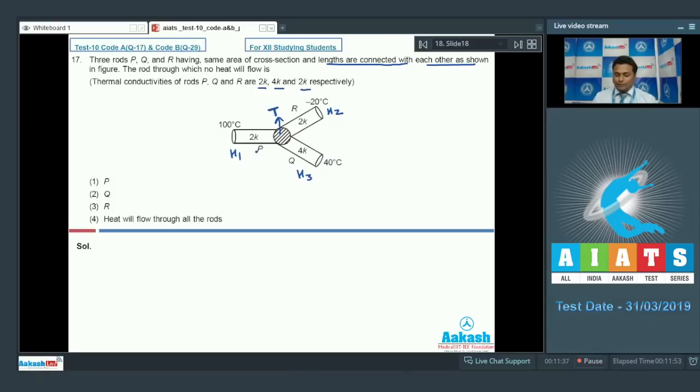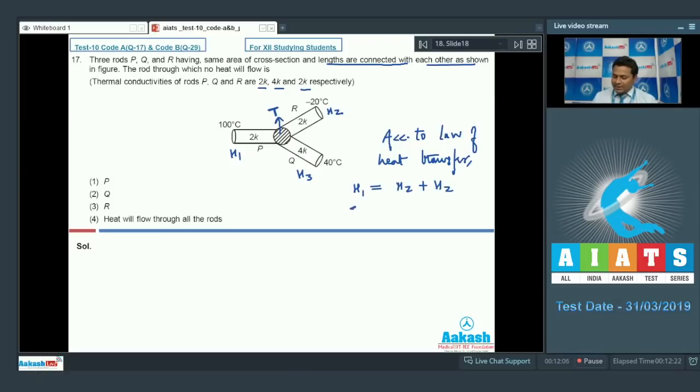So H1 will be combinedly equal to H2 and H3. So we can write, according to law of heat transfer, the heat flow in rod H1 will be equal to H2 plus H3.